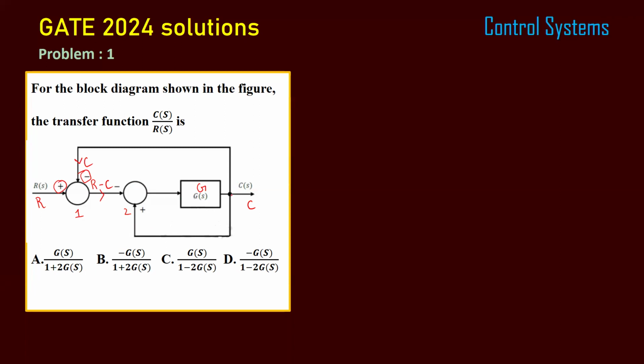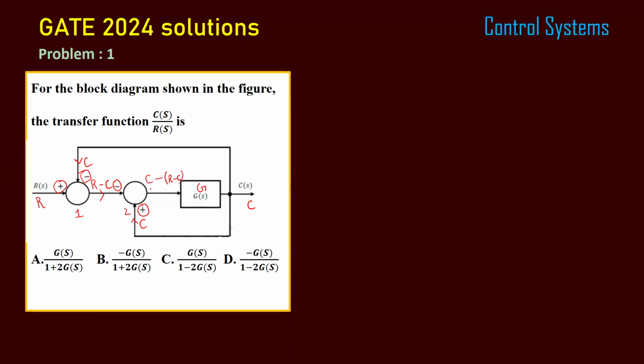Some part of the output is fed back to the second summing point, so we can mark this as C. Now positive of C and negative of R minus C is given to the second summing point. So positive of C minus (R minus C).